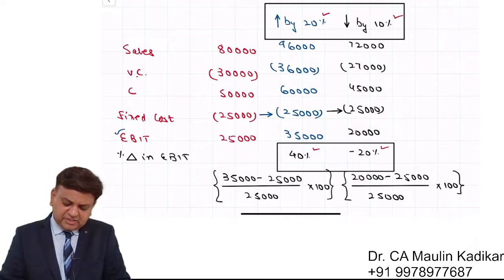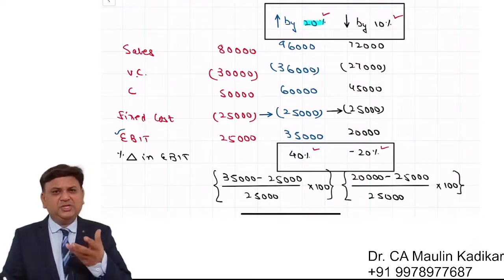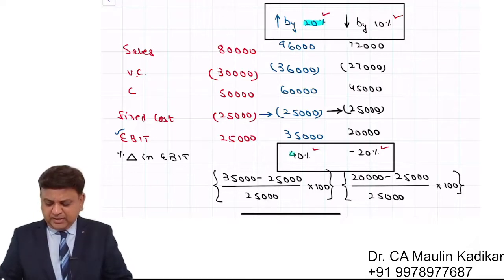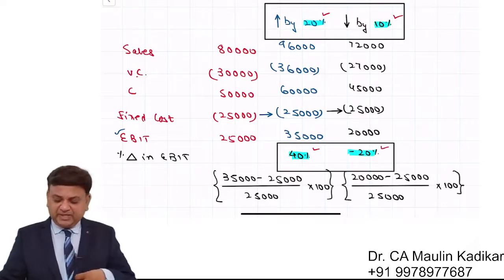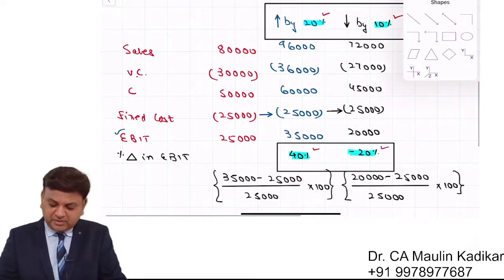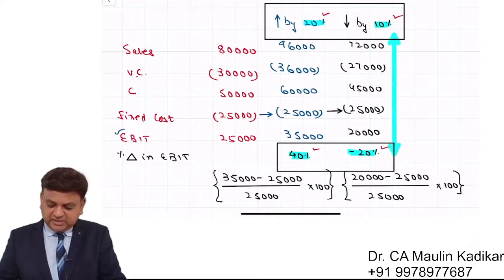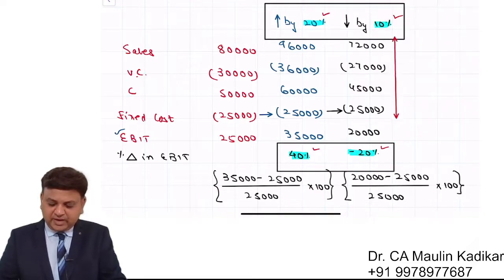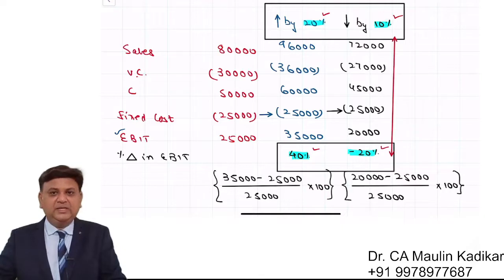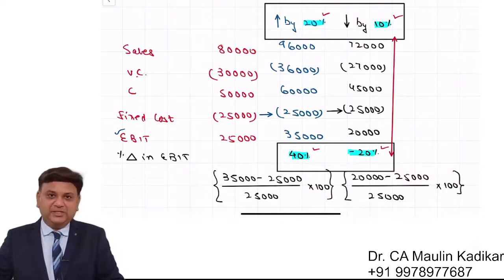If the sales increases by 20%, then logically, according to me, operating income should also increase by 20%. When the sales is falling by 10%, this should also fall by 10%. However, I am unable to understand why these two figures are not matching. That is the query he is raising. So I request you to tell me in the chat box how you will answer that director, why these two values do not match.